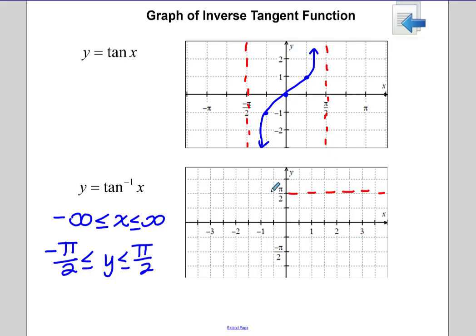We've got horizontal asymptotes on our inverse. And our function's still going to pass through 0, 0. And we would have 1, pi over 4. And we would have negative 1, negative pi over 4.